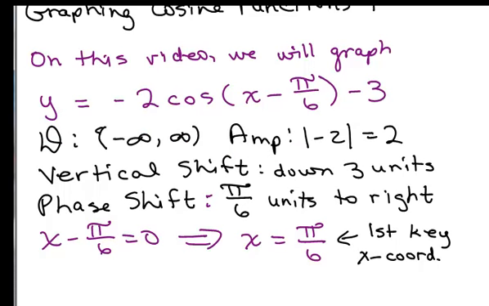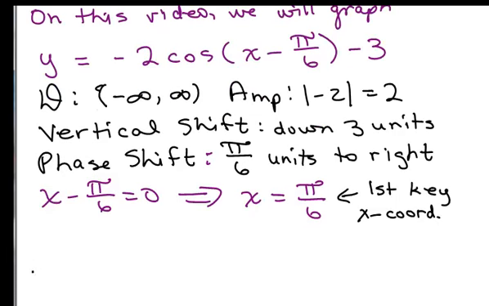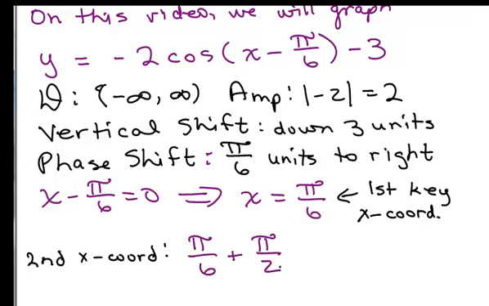Let's see if we can do that. This will be the first one. For the second x coordinate, we start with pi over 6 and add pi over 2. That'll be a fourth of the way to the end of the period.